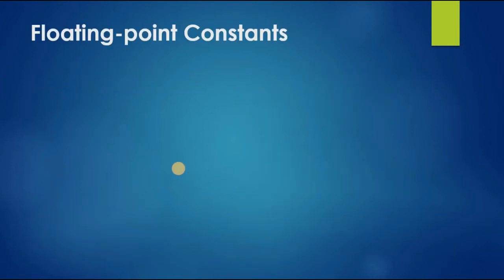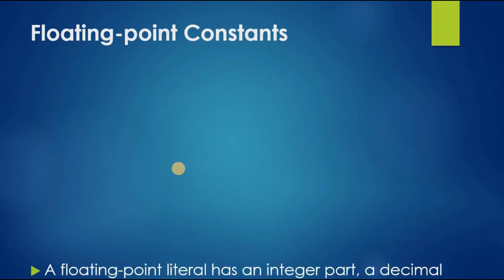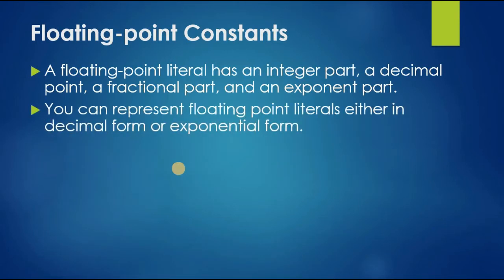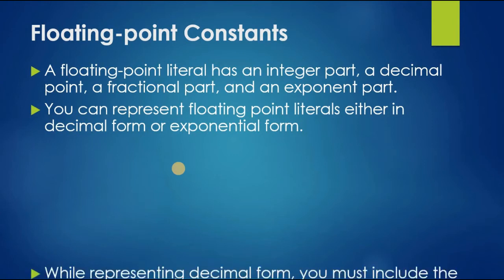Now we will see about the floating point constant. Floating point constants are also known as real constants. A floating point literal has an integer part, a decimal point, a fractional part and an exponent part. You can represent floating point literals either in decimal form or exponential form.